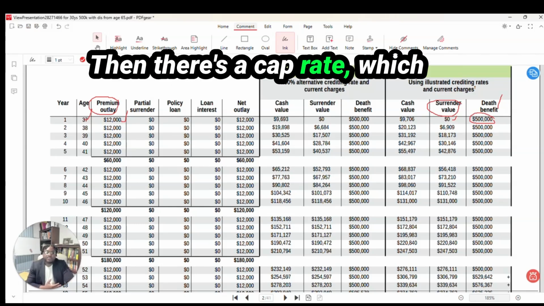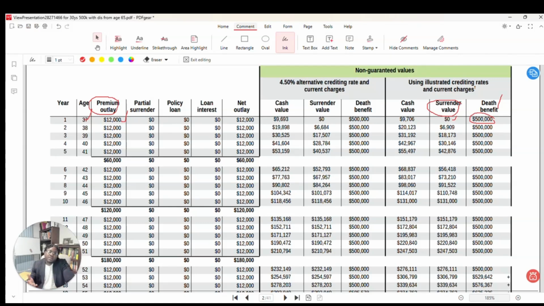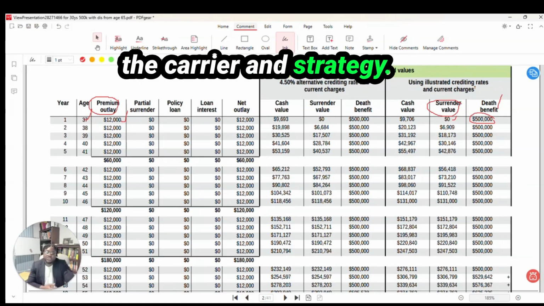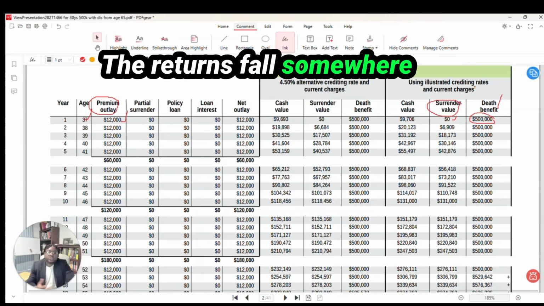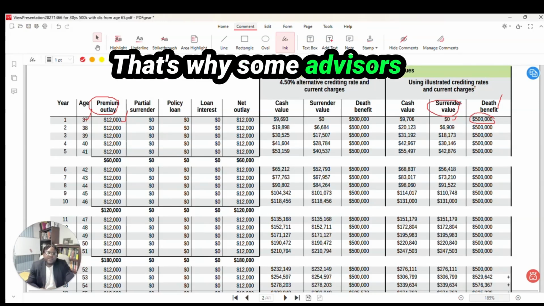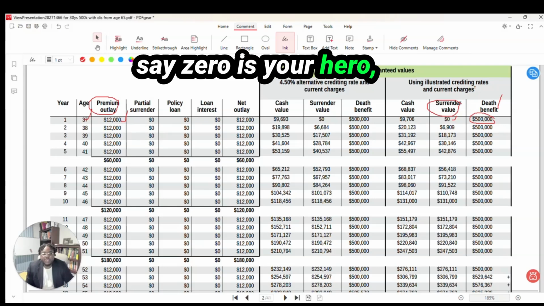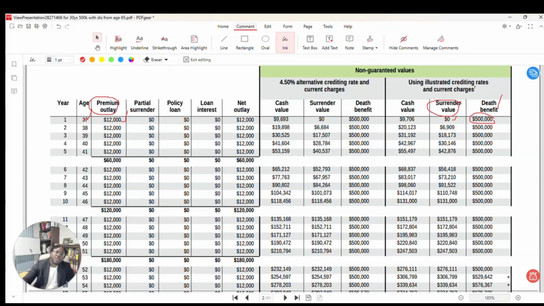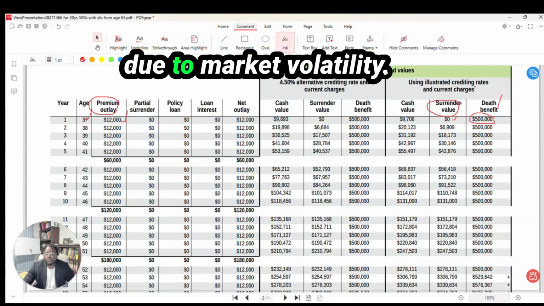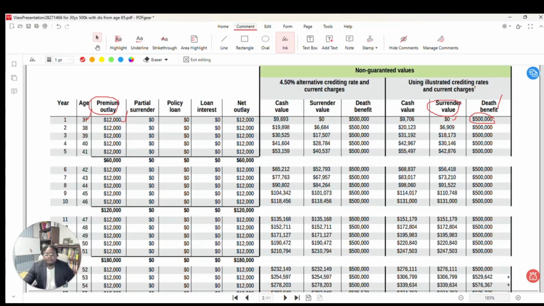Then there's a cap rate, which may be somewhere around 8 to 10% depending on the carrier and strategy. So the returns fall somewhere between zero and the cap. That's why some advisors say zero is your hero. Because even during difficult market years, your account does not go backwards due to market volatility.